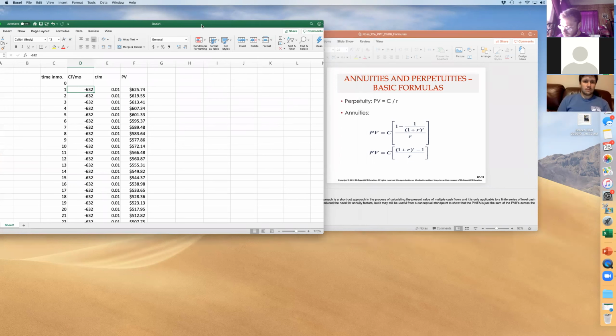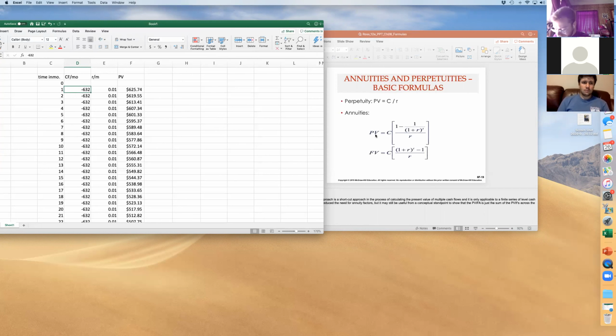Turns out that if you did some algebra, you could put my big long 48 term equation into this one equation, which might seem a little weird because it says the present value of an annuity is equal to C, which is actually the payment. You'll see that term C several times, and it's because we'll use this again with bonds, and they call them coupon payments. Hence the C is a coupon. Well, your coupon here is the payment. So you can think of that as PMT as well.